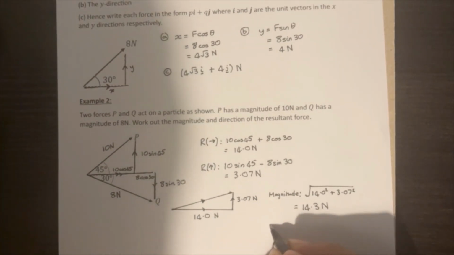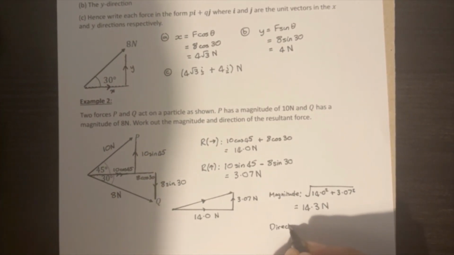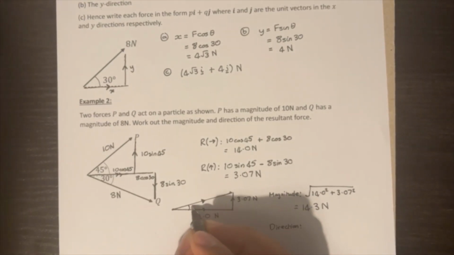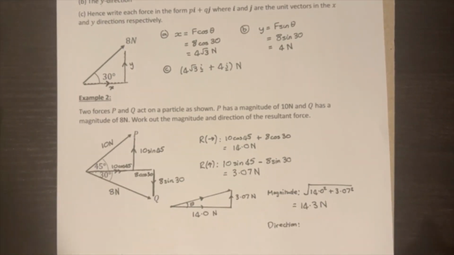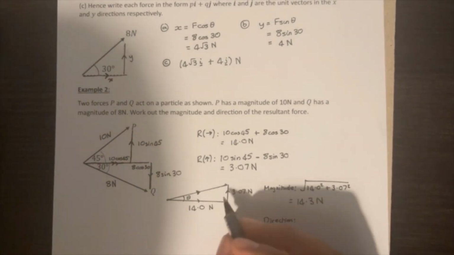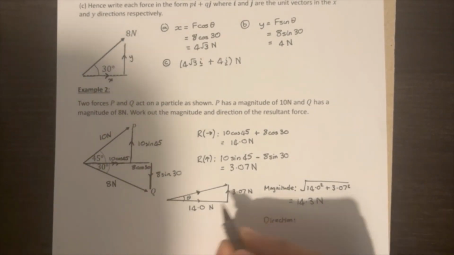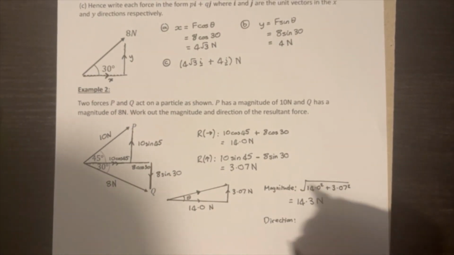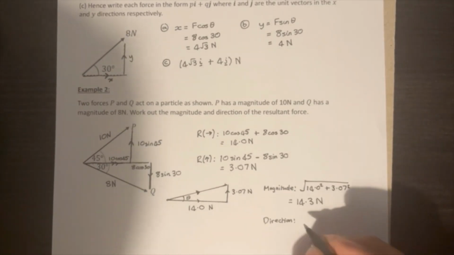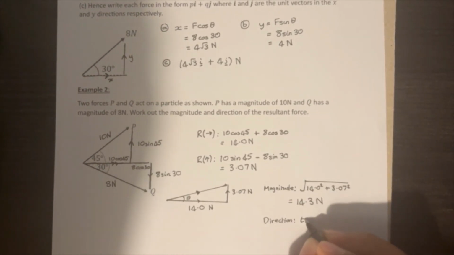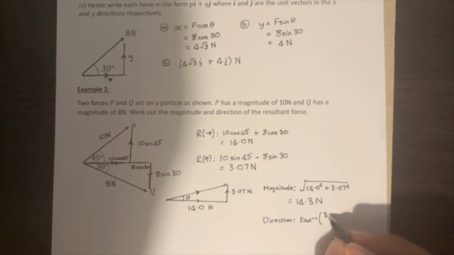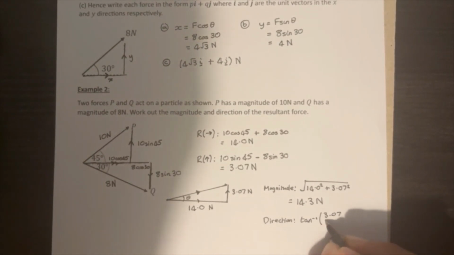The direction of our resultant force: if I take this angle here to be theta, our opposite side and the adjacent side are 3.07 and 14, so opposite over adjacent is going to be tan. So I can use inverse tan of 3.07 over 14.0.